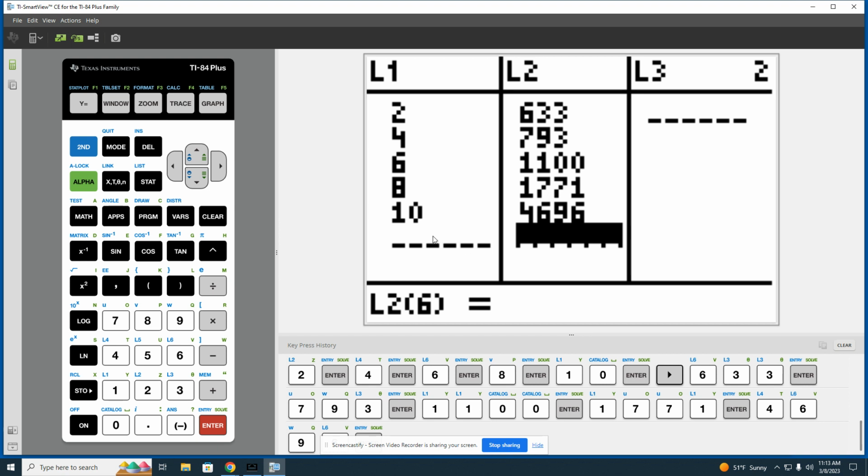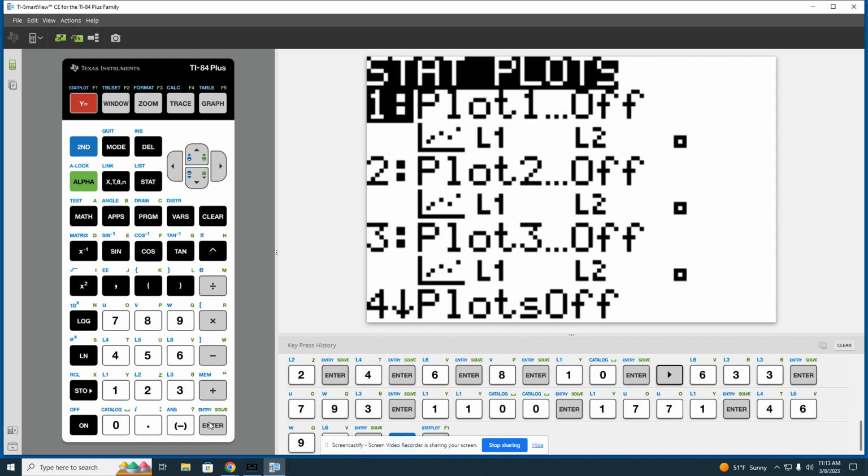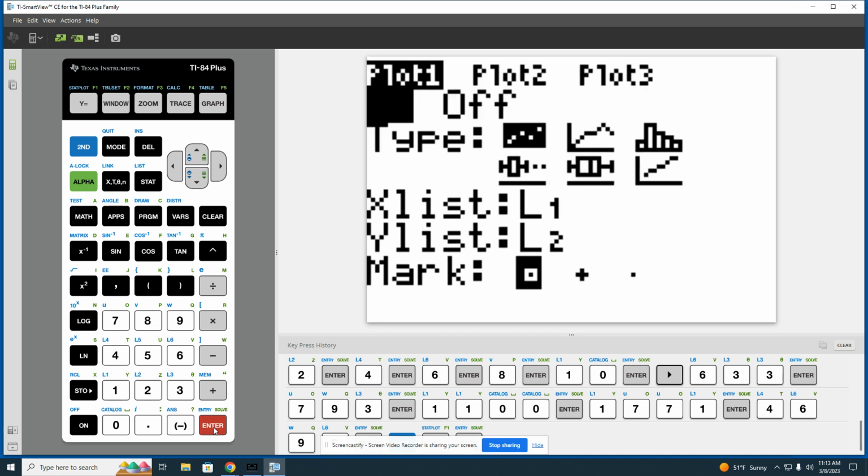Tell me my next key presses. I've got to tell my calculator to graph this stuff. So I tell it to turn the stat plot on. How? Second, y equals, and we're going to turn that from off to on. But then we want to view this. And because my data is so big, what do I need to do to view this data?